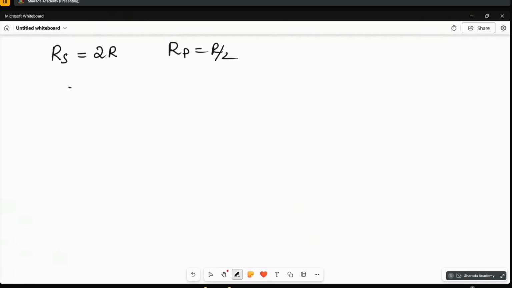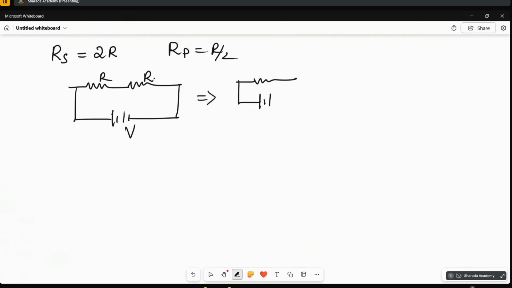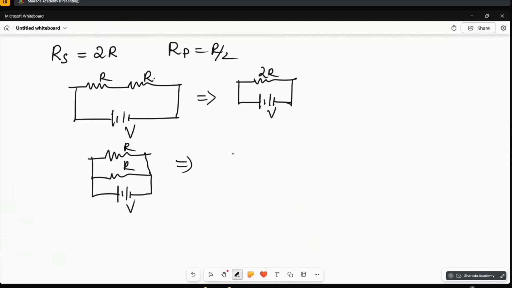Now they will apply the same voltage across both. This is one circuit. The second one will be like this. Both circuits are applying the same potential difference.